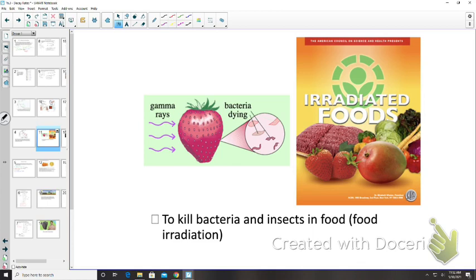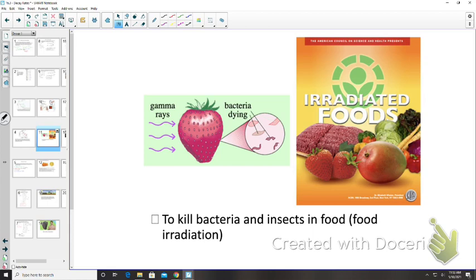Instead of treating them with antimicrobes, which could lead to antimicrobial resistance, they're going to use radiation to kill some of the bacteria that could potentially make us sick from foods.